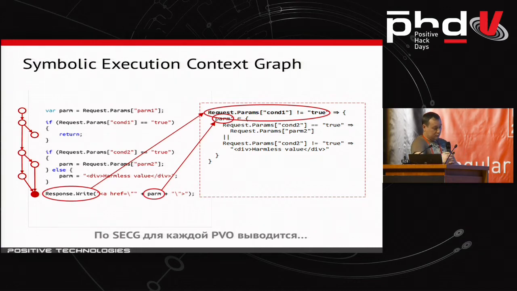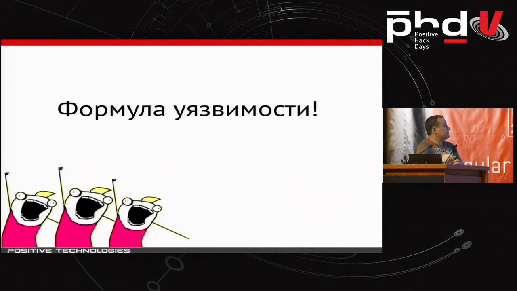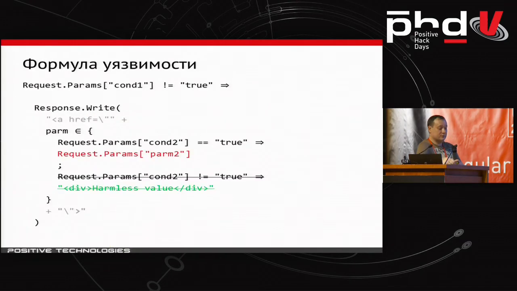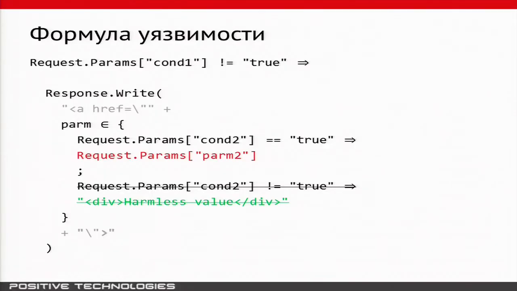So after we execute all the code and build the graph, we can do the following. We can collect dangerous operations like this response write, an HTTP response to the web server, and we can look at when this dangerous operation will be done. So we can take parm and look at the moment of execution and write it as a formula, which looks as follows.